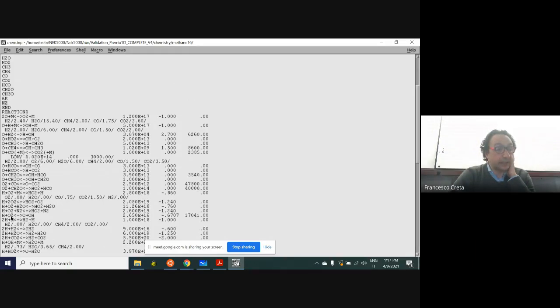And you see that this is the list of all possible elementary reactions. So it says here reactions. And you will recognize that most of them are essentially bimolecular, involving two molecules on the left and on the right. You may notice that some of them have an M, and that's exactly what we said, it's a third body.